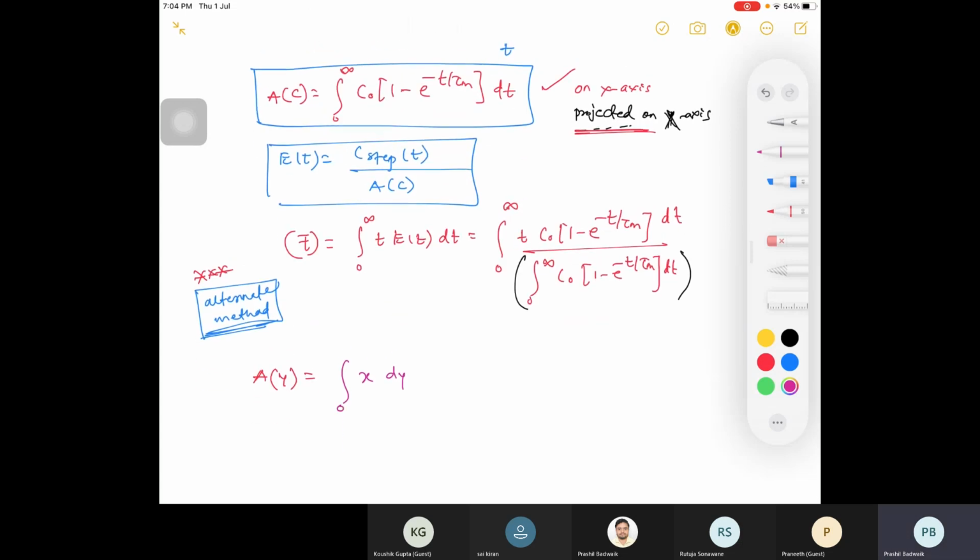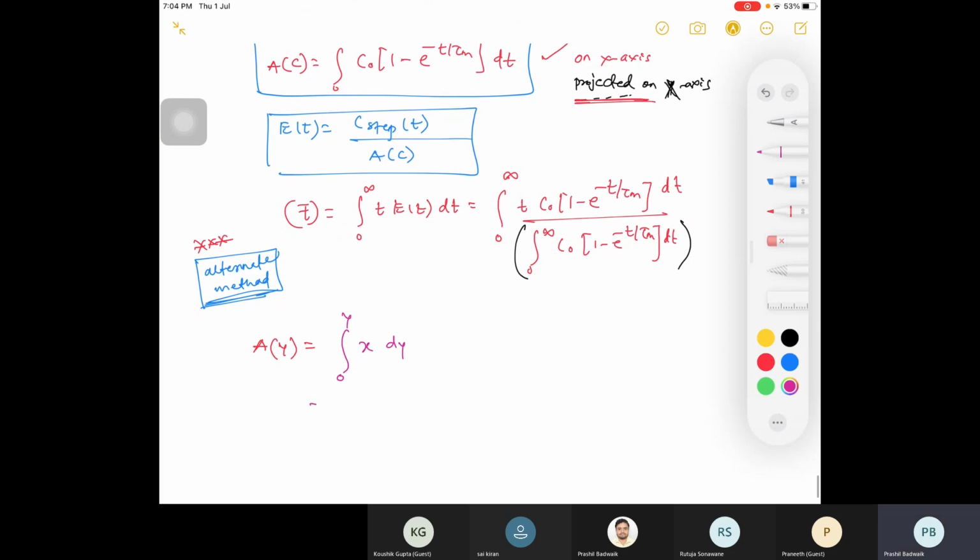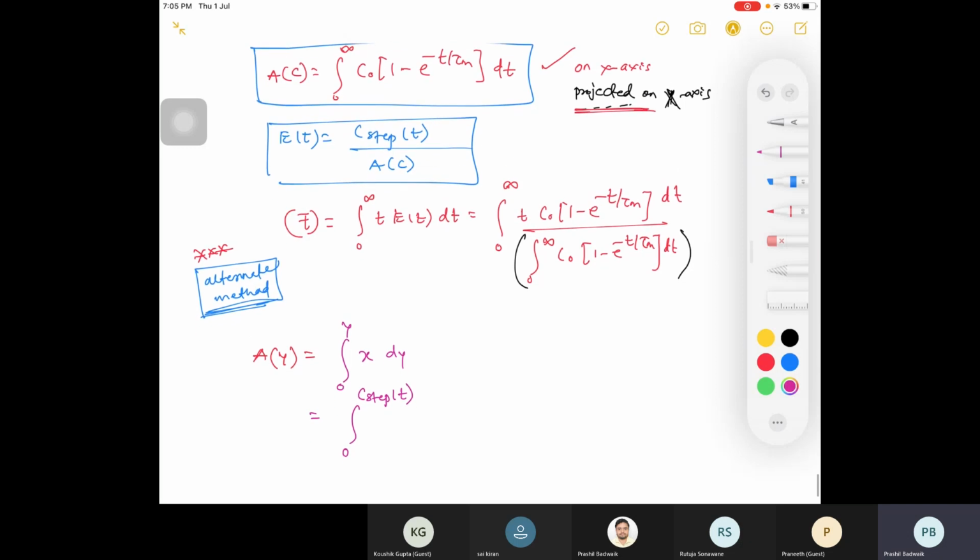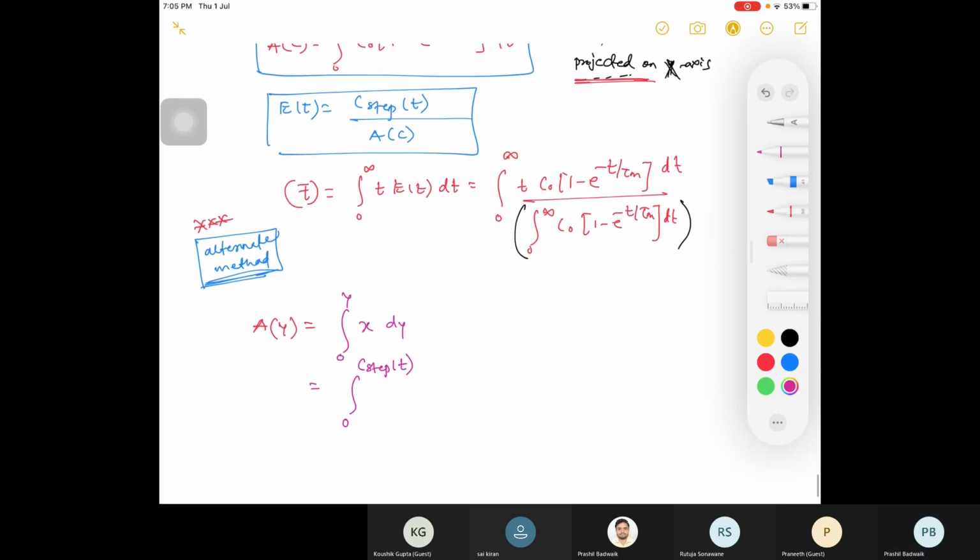In mathematics, 0 to y, that equals 0 to C step t, integration of x, that is your curve value t, with dC step. This is the area along the y axis.